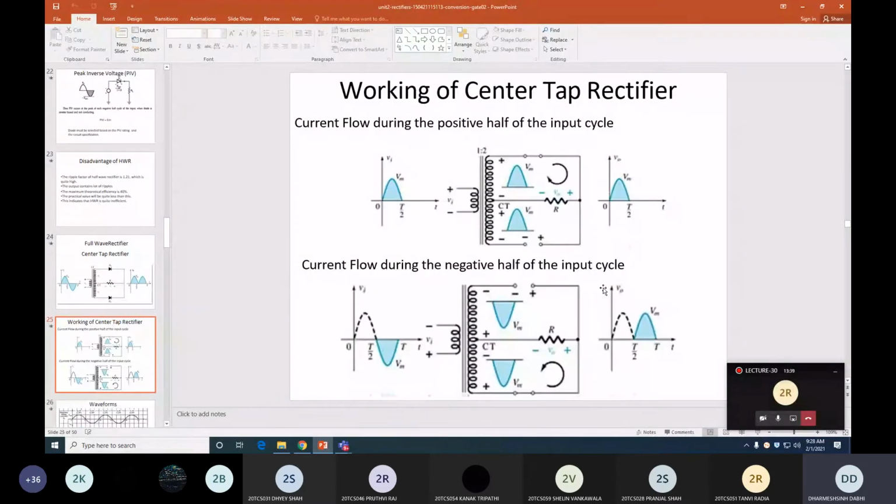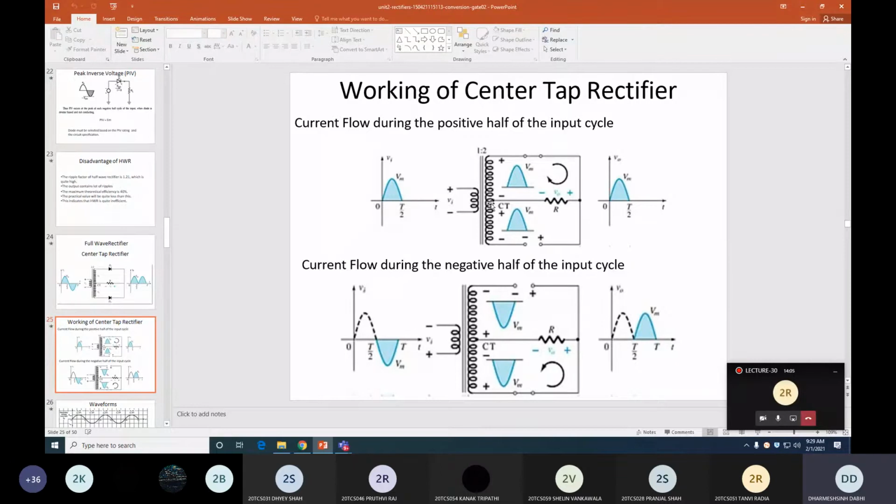Let's understand it. When you provide the positive half of the supply to the transformer primary, the same appears at the secondary, and suppose it is a 1:2 transformation ratio. Which means that if you apply 100 volts at the primary side, at the secondary side you get 200 volts.